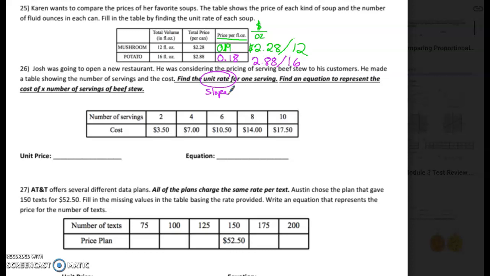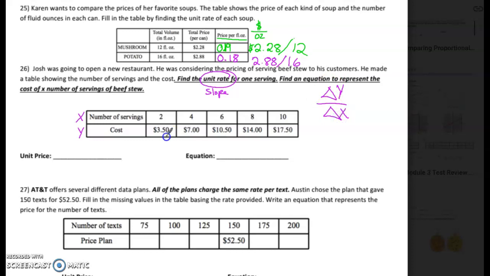So we look at our change in y over our change in x, because x is the number of servings and y is our cost. Remember, for a table, to find the unit rate, we're doing change in y over change in x.